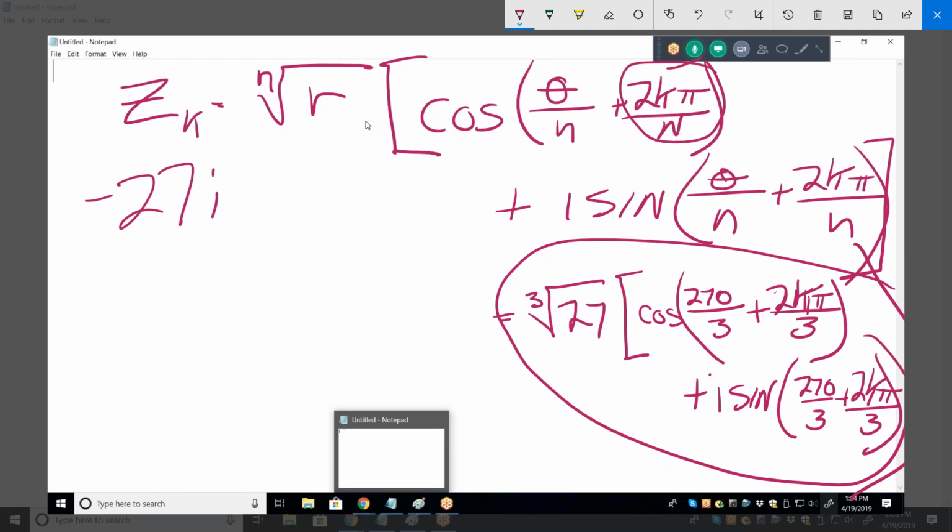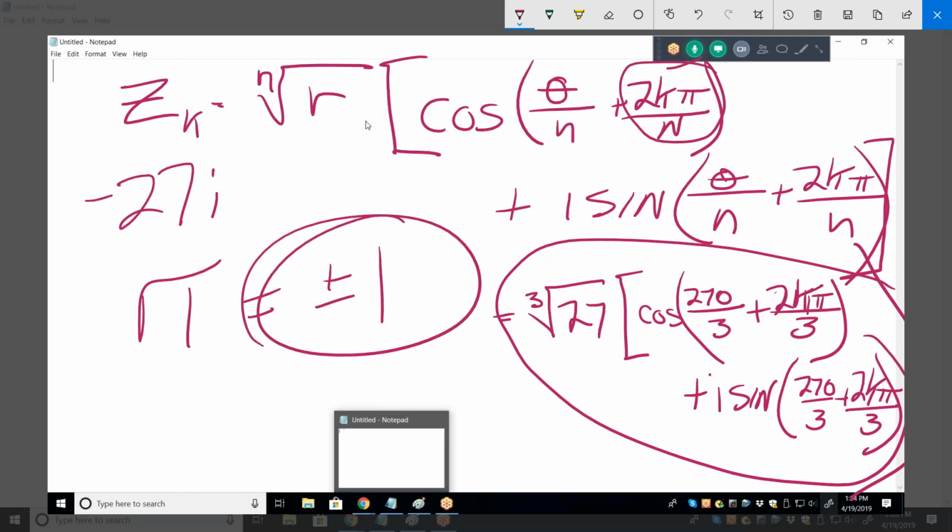If I want the third root of 1, I'm looking for numbers that if you multiply themselves by themselves 3 times, you'll get 1. If I'm looking for the square root of 1, I get plus or minus 1. There's 2 solutions. If you multiply either one of those by itself, you get 1. So the square root of 1 is easy. It does not involve complex numbers.